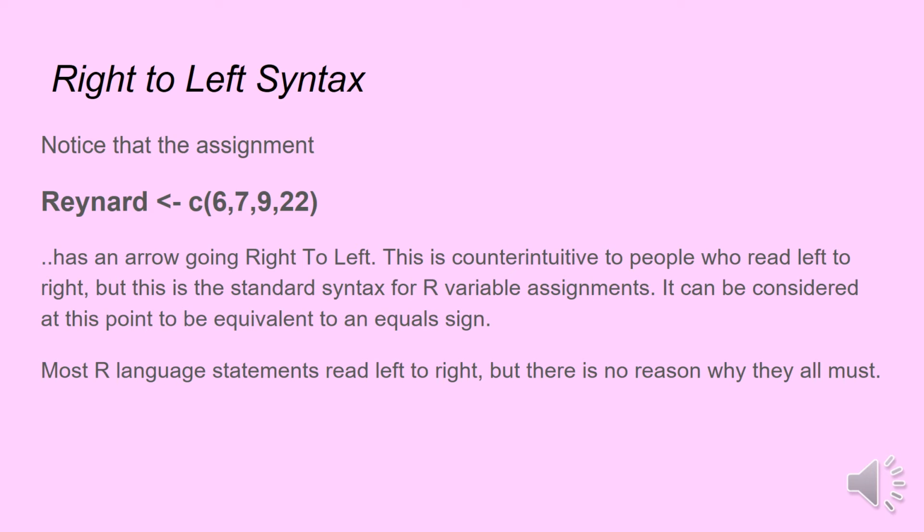That's right to left syntax is used in certain parts of R. In other parts of R, you read left to right. Right to left syntax is used to assign variable values. That's how it works. It's the equivalent of an equals sign, but you have to remember the arrow points the opposite way in which you would ordinarily read a mathematical equation.